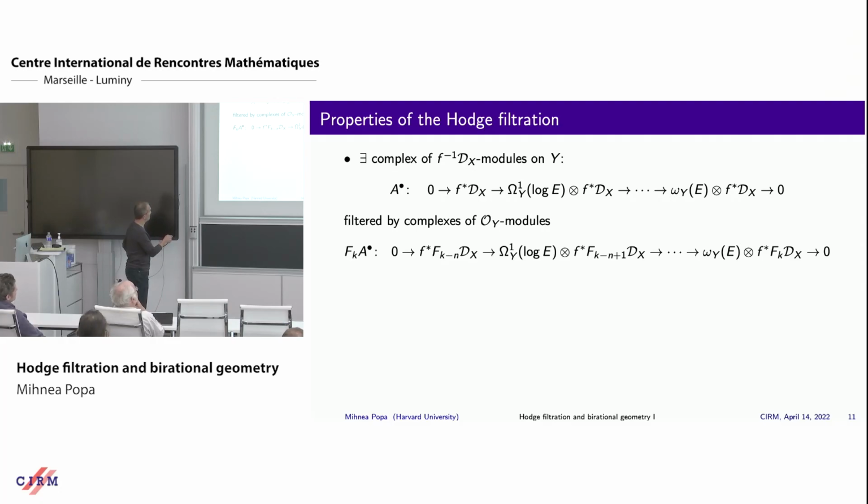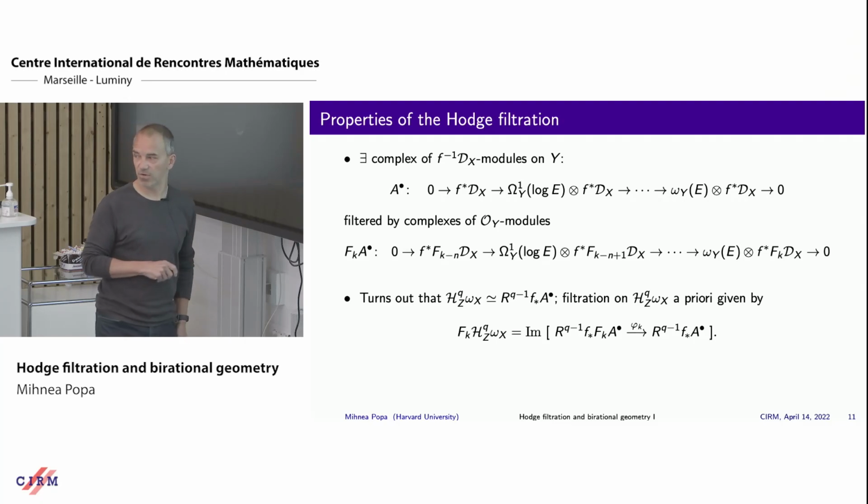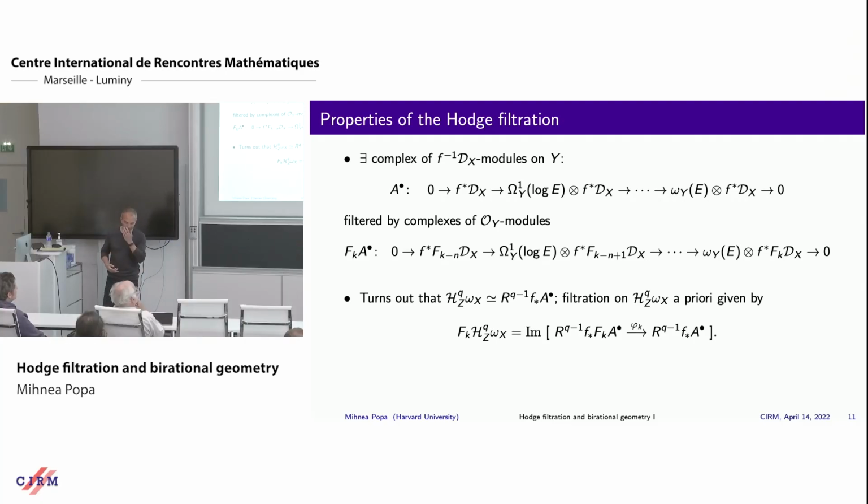In particular, this complex is filtered by subcomplexes, this time of O_Y-modules, that look like this. F_k D_X is the differential operators of order at most k on X, the standard filtration on D_X. So there are subcomplexes like this that sit inside, and the fact is that local cohomology H_Z is the corresponding push forward of the total complex.